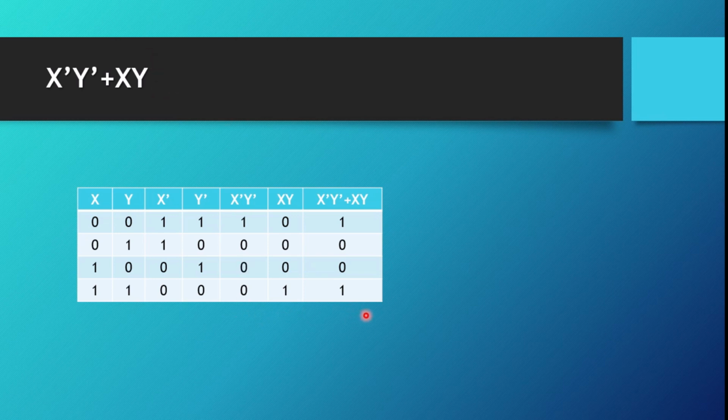Okay. And then finally we are going to OR both of them. Okay. So 0 or 1 is 1, 0 or 0 is 0, 0 or 1 is 1. So this is the final output.